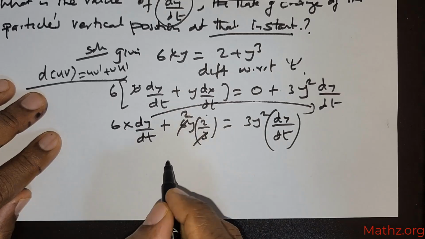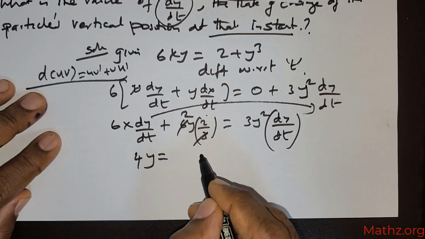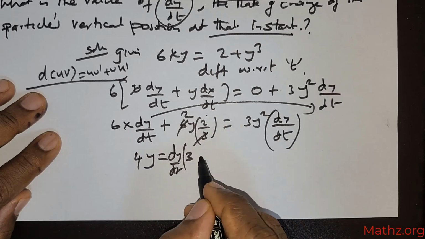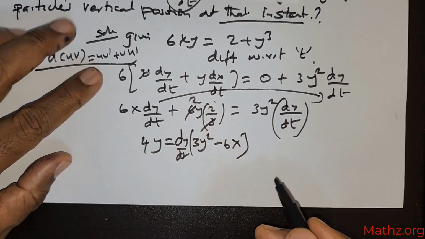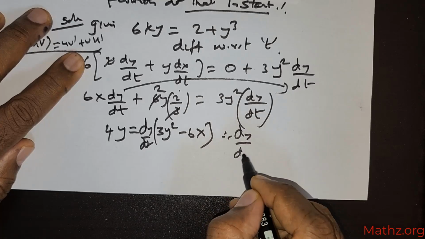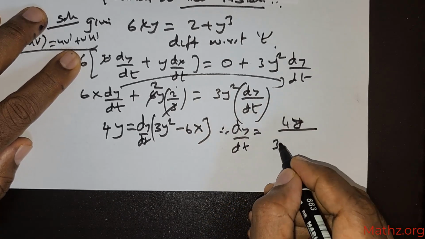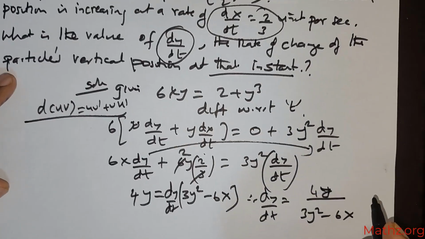Now 3 divides 6 2 times, so 2 squared is 4 times y is equal to, I'm going to take dy/dt out, so that would give me 3 times y squared negative 6x. Now therefore dy/dt is 4 times y divided by 3 times y squared negative 6x. So this is what we have got.